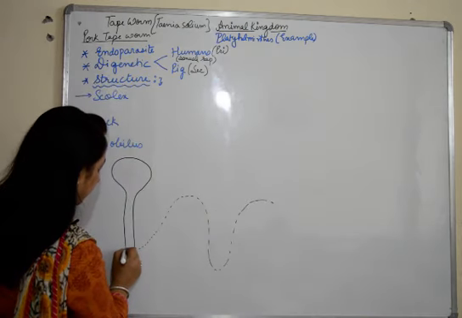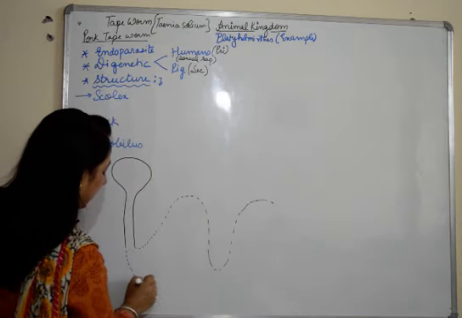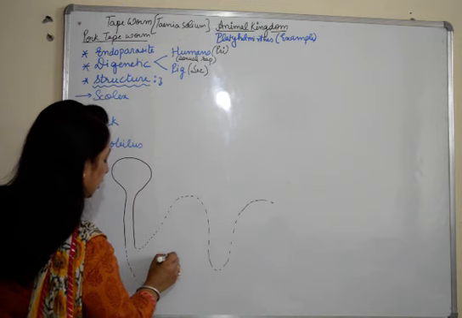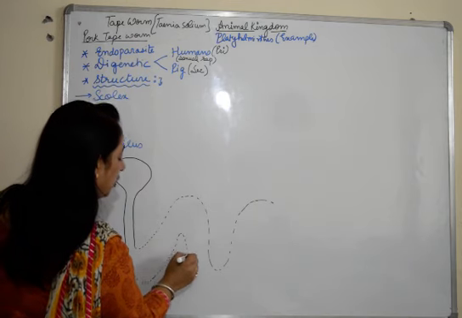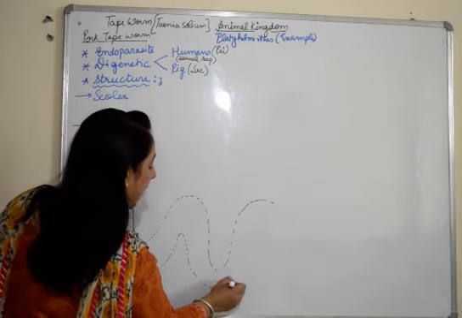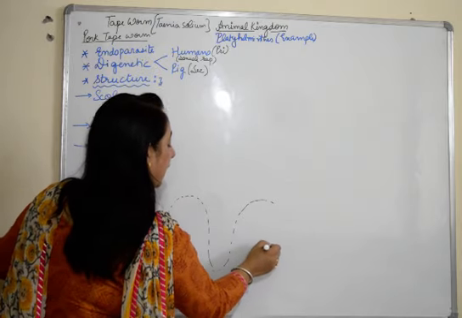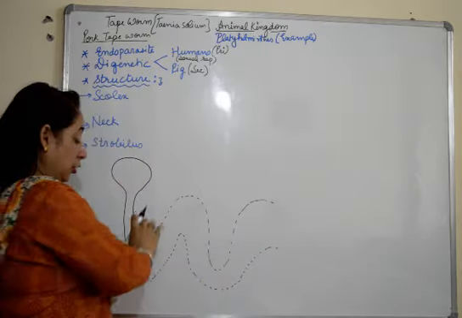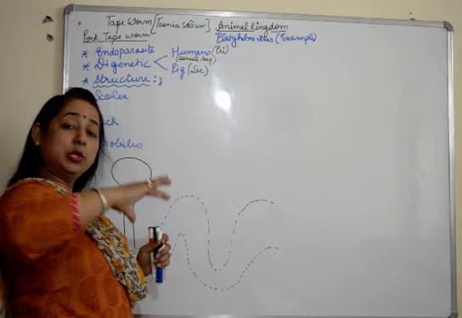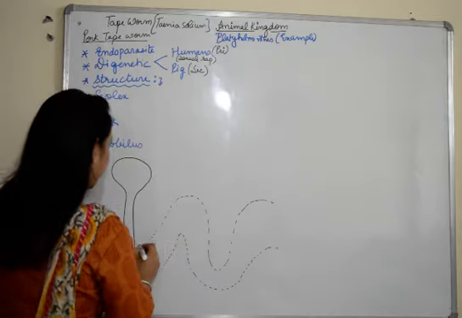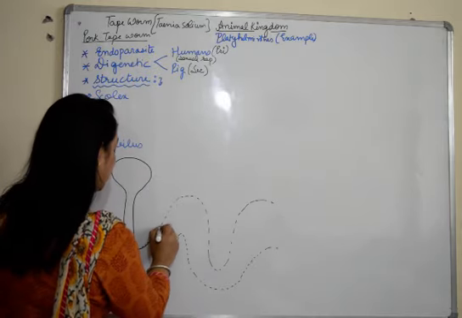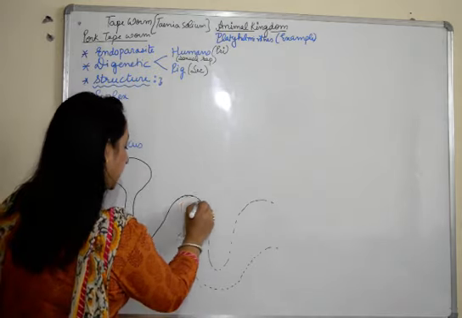Now if you clearly see, this ribbon-like structure keeps broadening, and the shape also changes. It keeps on broadening. So we'll just make this line. So herein we have three parts. I have made three parts here in the diagram.